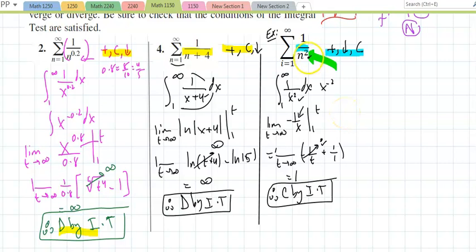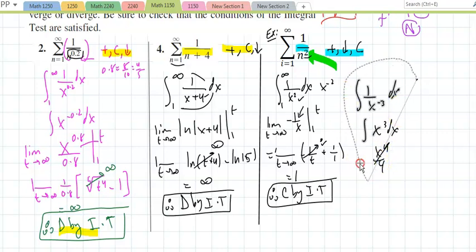And if this power is less than 1, say you're looking at the integral of 1 over x to the negative 3, isn't that really the integral of x cubed dx? Isn't that x to the 4 over 4? And the limit as t approaches infinity, that's going to diverge.